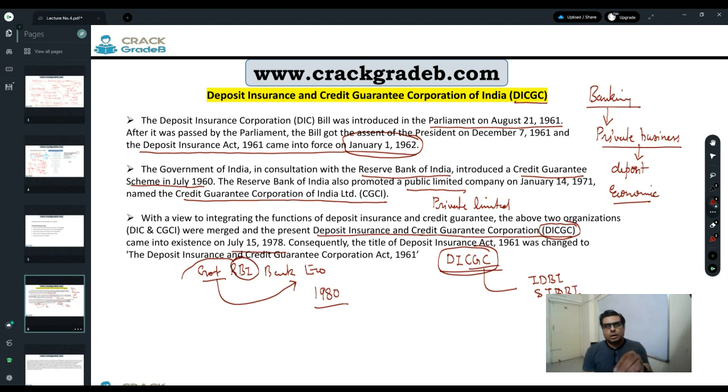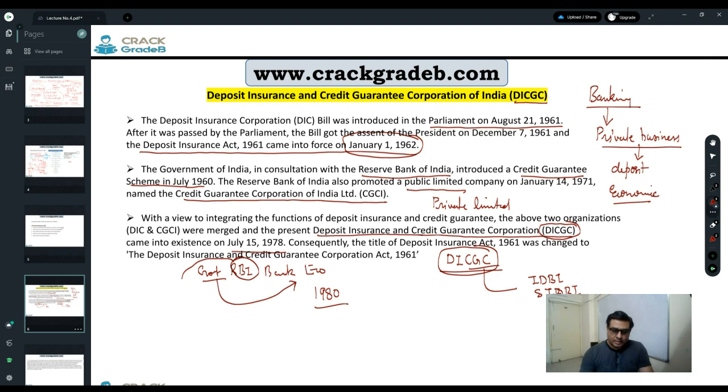Its direct help to the economy was diluted because RBI must focus more on regulatory work, since the Indian economy since the 1990s started expanding in a phenomenal manner. So RBI must focus more and more on regulation, and we must have focused organizations which can provide credit to different parts of the economy.